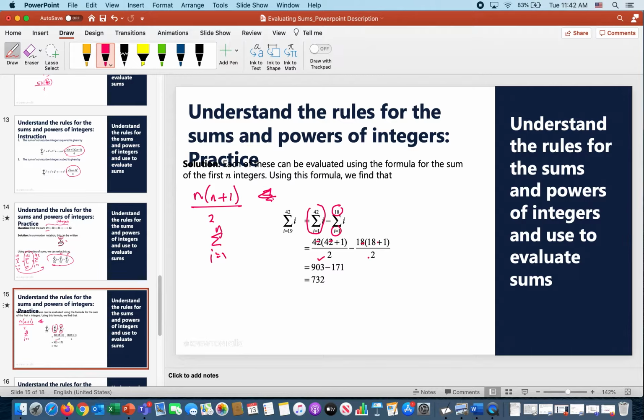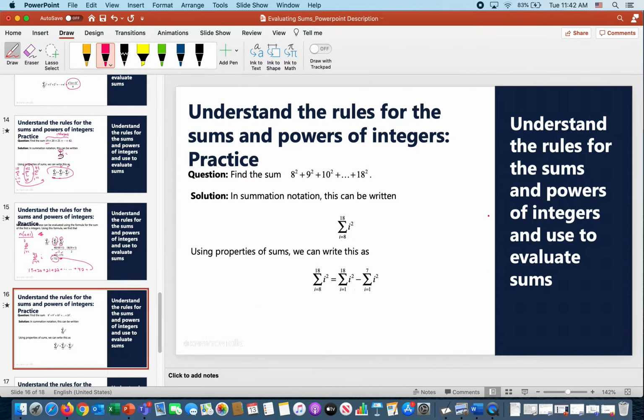Multiply 18 times 19, divide by 2, I get 171. So the sum beginning at 19 and going to 42 of these integers is going to be 732. In other words, if I add 19, 20, 21 on the calculator and keep doing this all the way up to 42, I would get that number right there.